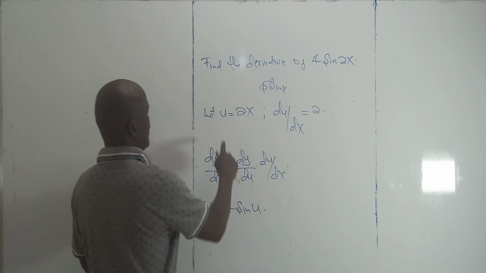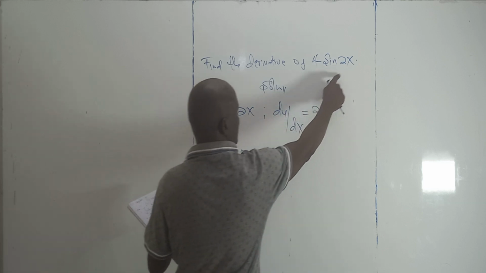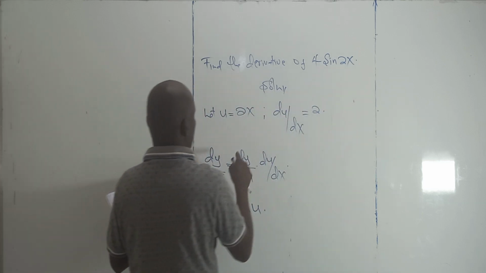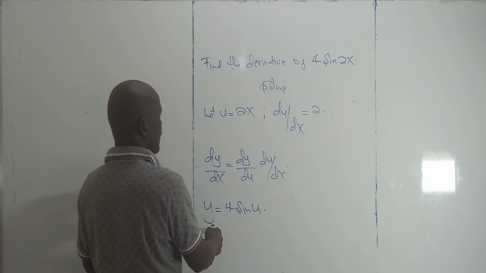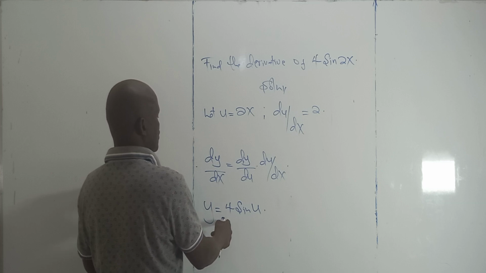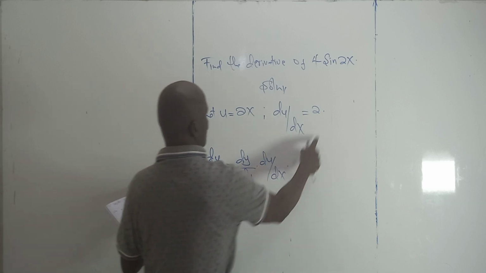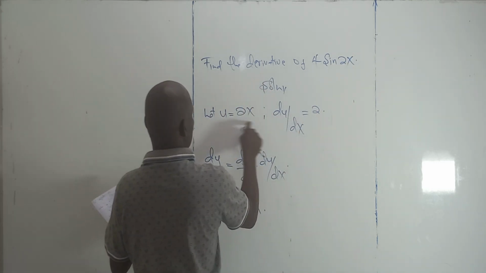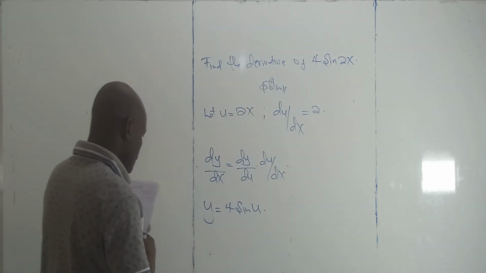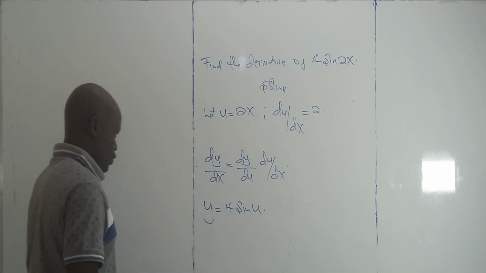Since I said let u be 2x, if I rewrite y with that understanding, it's going to be 4 sin of u, so that where there is 2x, I put u as given here. That is why 4 sin u.